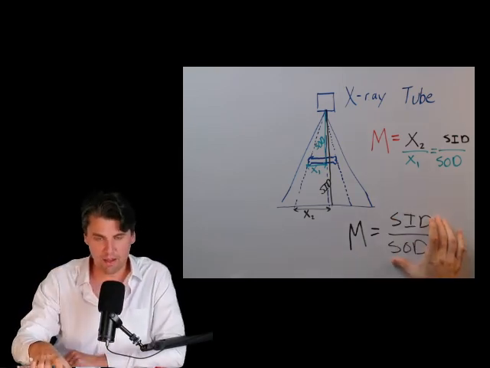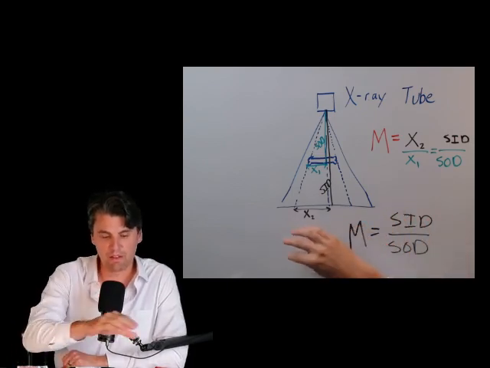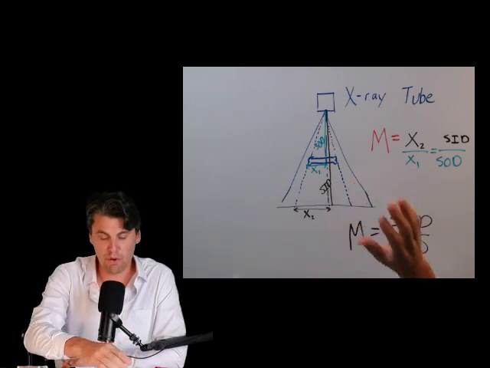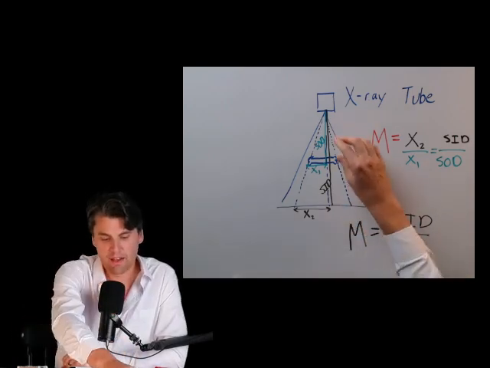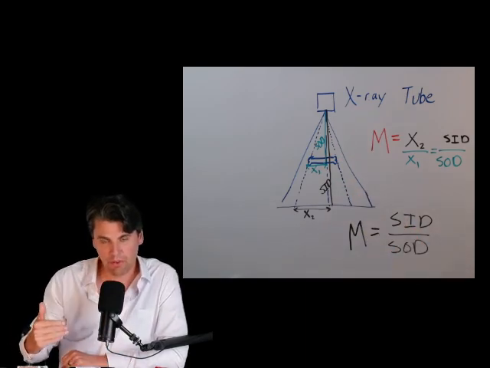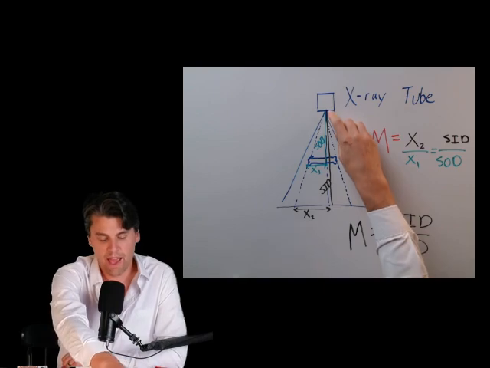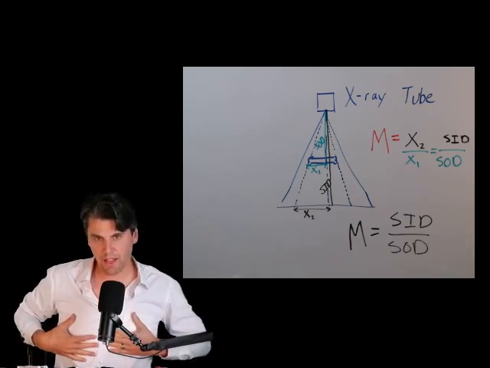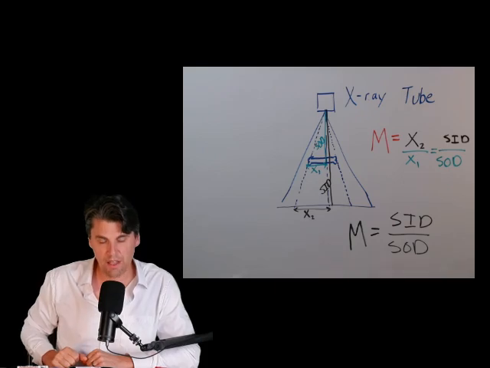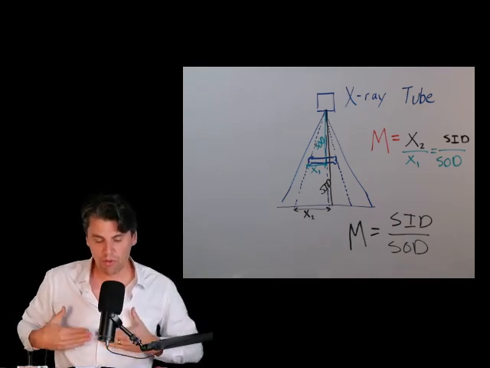Right now, we're not talking about the focal spot, but there's a separate effect related to the focal spot that we have a video about. You'd like to reduce your magnification to have the focal spot project into a small size. And that's why the magnification for standard chest radiography is typically close to 1.